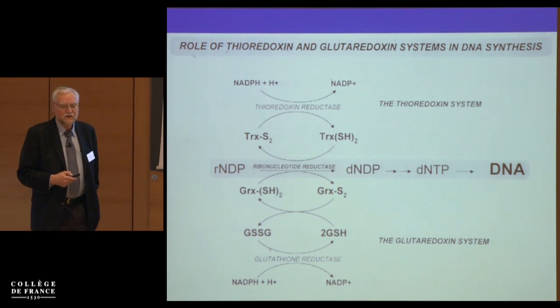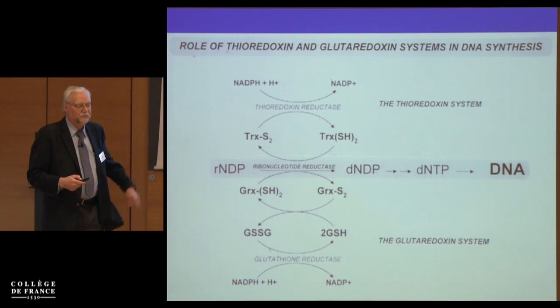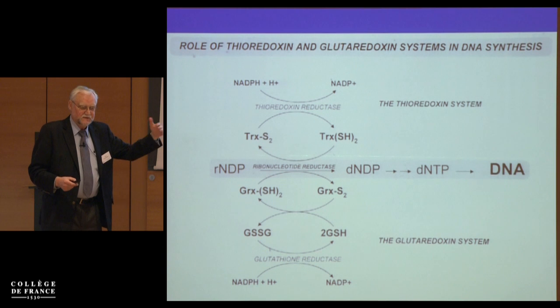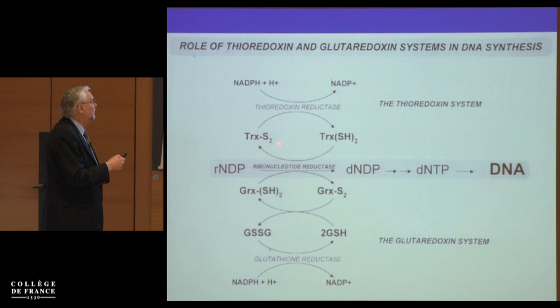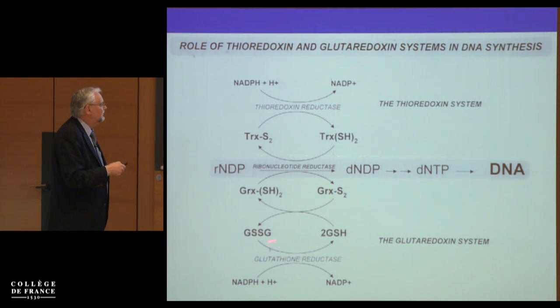The enzyme mechanism results in an internal disulfide in the enzyme. And the enzyme has a swinging arm, which is in the R1 subunit, which is the target of thioredoxin or glutaredoxin. And the glutathione-glutaredoxin system is one possibility here.